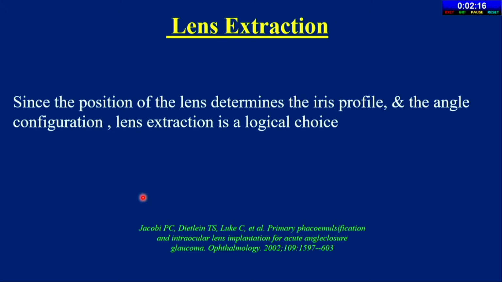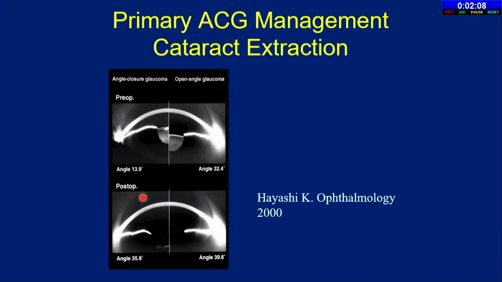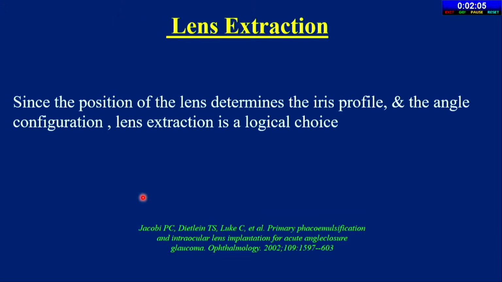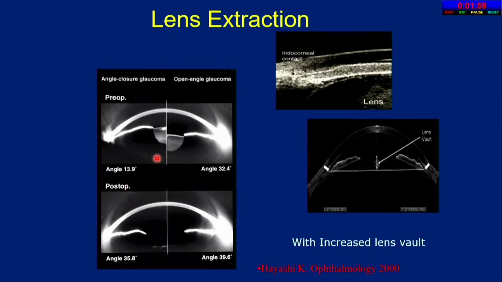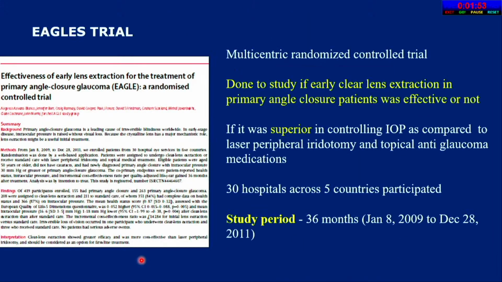Now coming to the lens extraction, or clear lens extraction rather, and it's a very controversial topic, and it is a logical topic because lens determines the iris profile and angle configuration, and it should be a logical choice. If you look at these pictures, the lens extraction causes deepening of the angle, and it is helpful in the lens vault also.